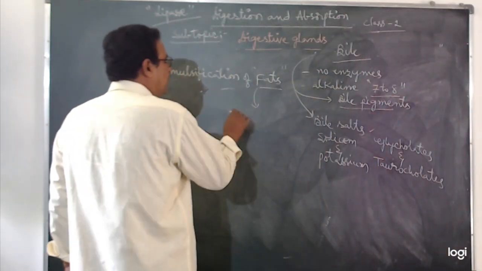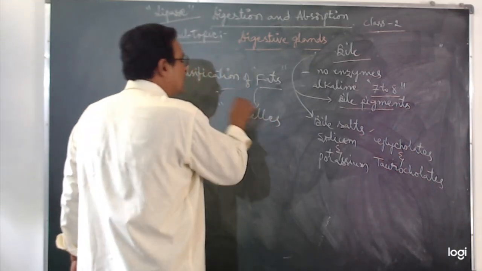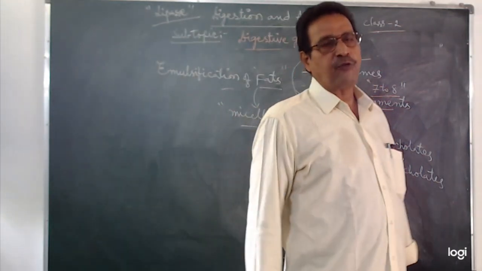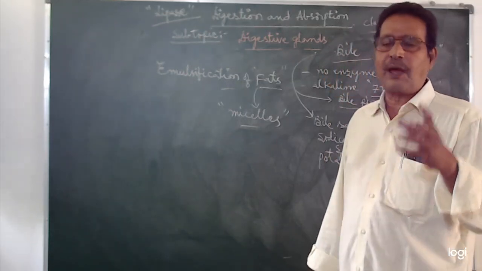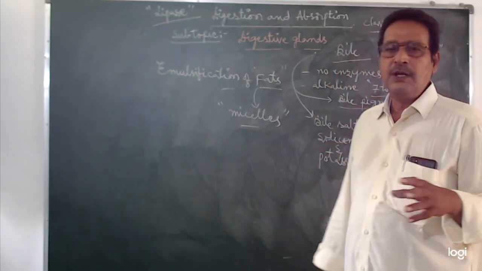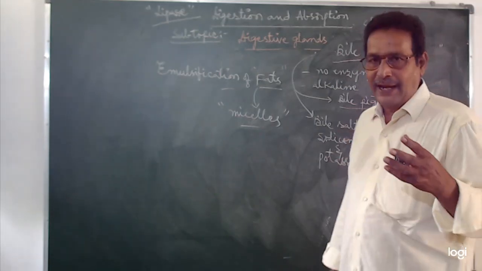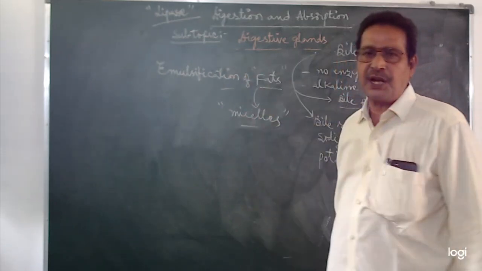Fats are converted into micelles, smaller molecules of fats. The conversion of large molecules of fats into small molecules or micelles of fats by the action of bile salts is called emulsification of fats.